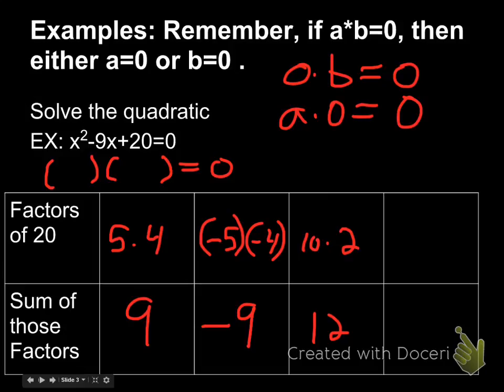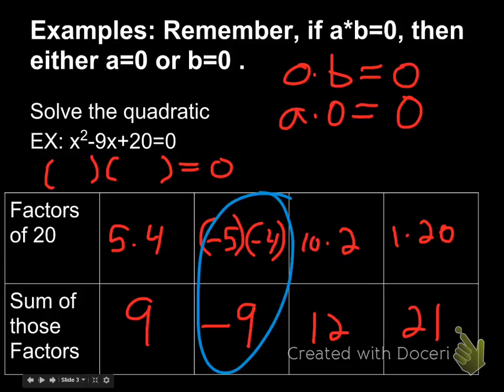Or 1 and 20, but that would have given me 21. We know it must be negative 5 and negative 4 because they add to negative 9. So my factored form is x minus 5 and x minus 4.